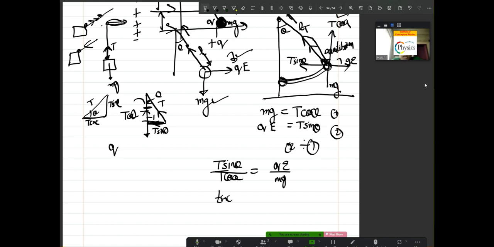So q is equal to mg tan theta divided by E.